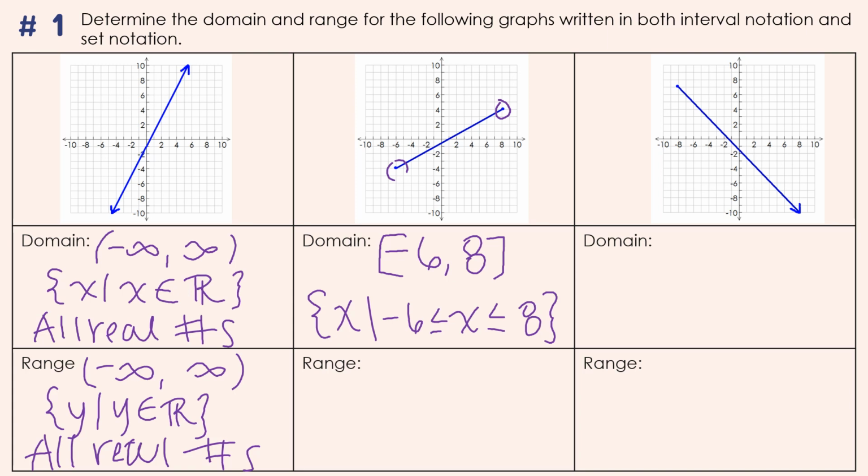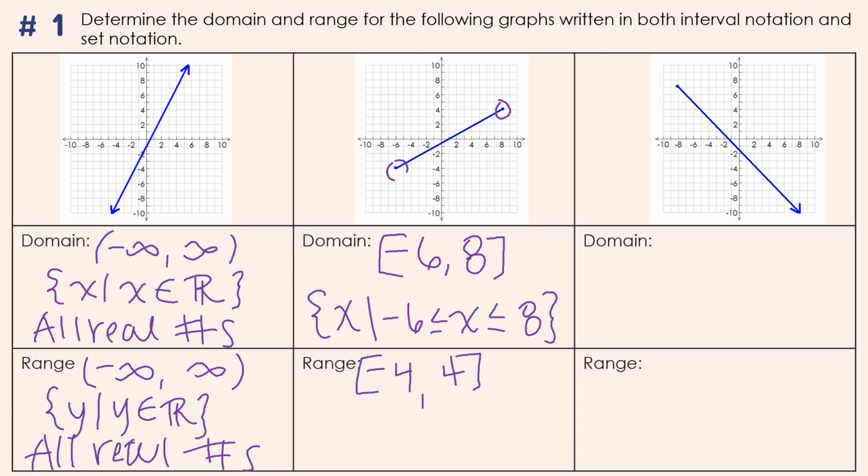For the range, same idea, but now we're looking bottom to top. Does it go down forever? It does not. The lowest that it goes is negative 4. So it starts at negative 4. And the highest that it goes is positive 4. So it's between negative 4 and 4. Again, we're using brackets for this one because it equals negative 4 and 4.